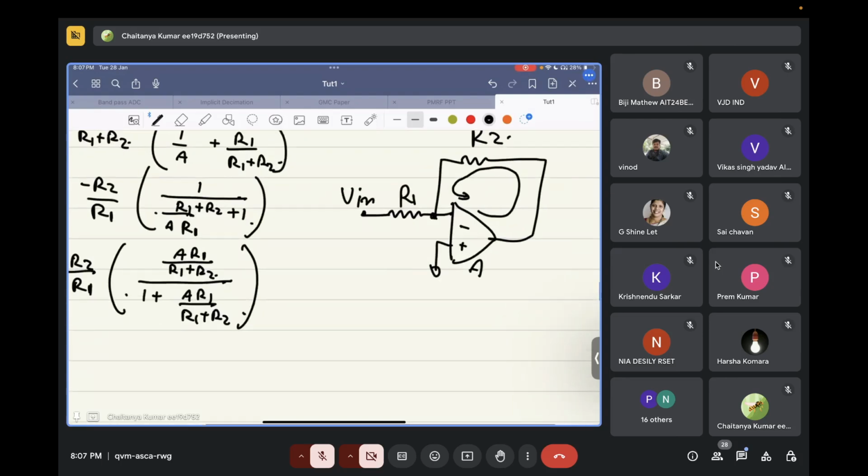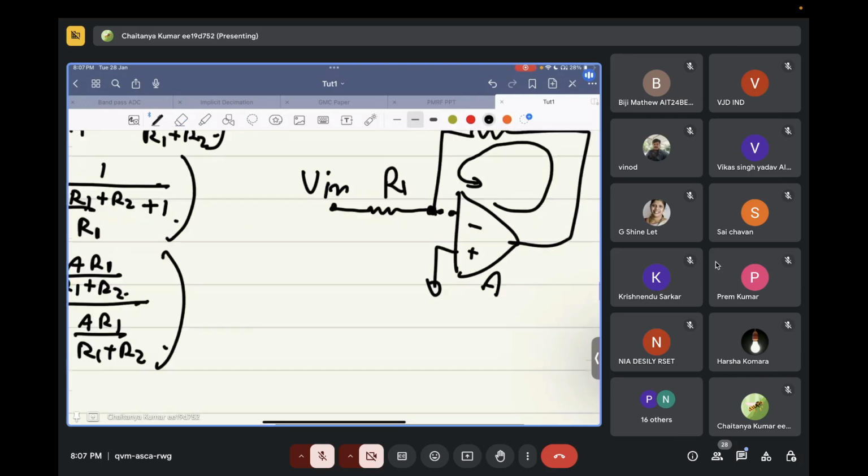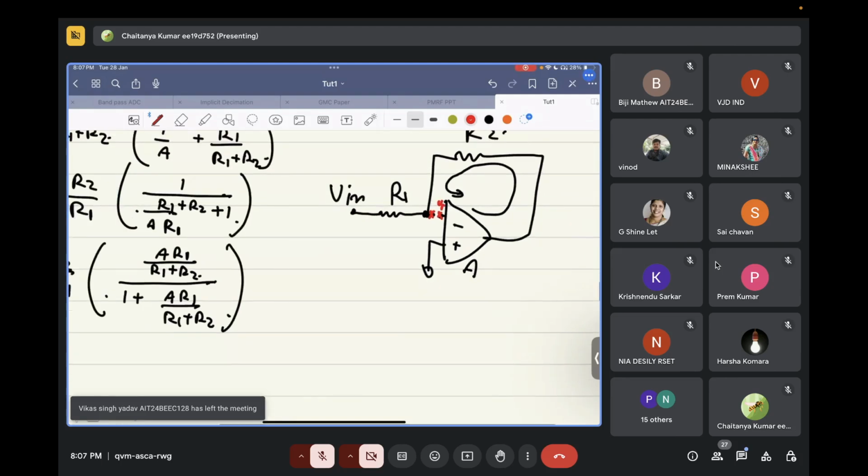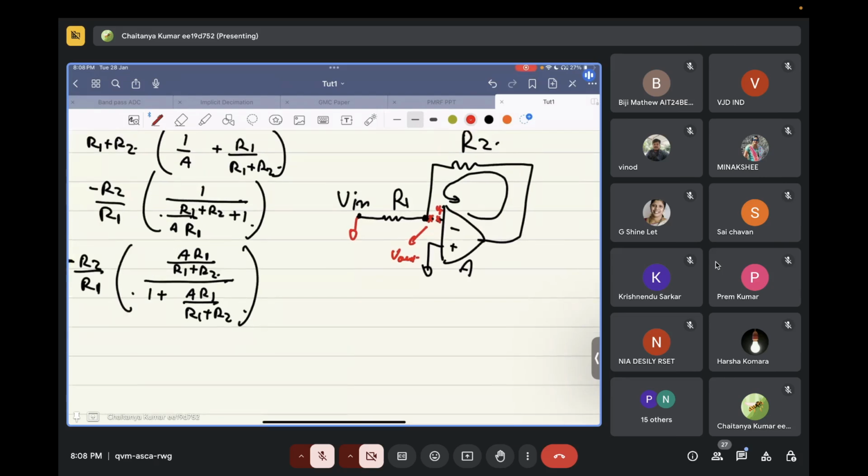So you break the circuit over here, inject some test voltage Vt at this node, and check what is your V out by de-energizing the circuit, basically making the input 0. So what will be your gain from Vt to V out? Let's call this Vt out instead of V out.